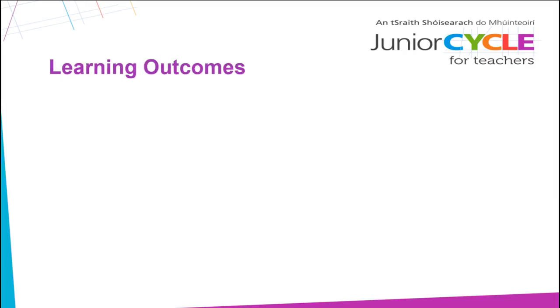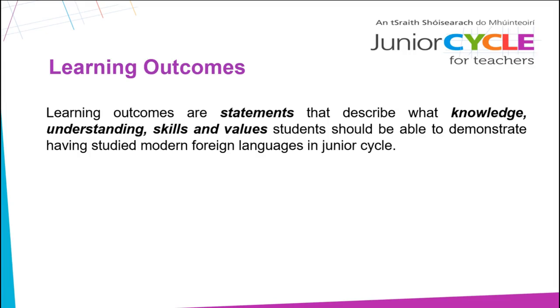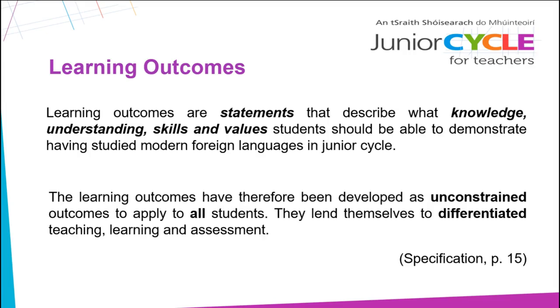Now let's revisit the definition of a learning outcome. This quotation is taken from the Specification for Modern Languages on page 15. I will give you a moment to read the definition of learning outcomes.